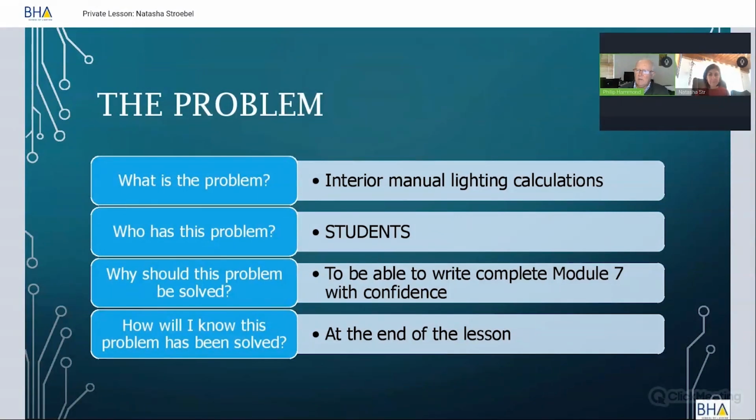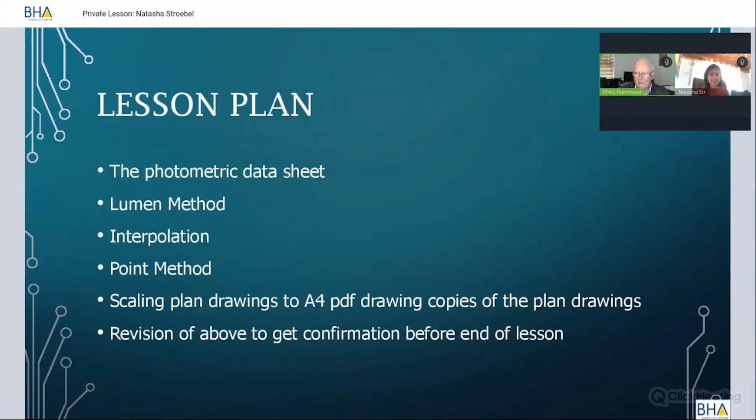The end result of this lesson is that you can tackle all the exercises in Module 7 with confidence. And we'll check to see if we have in fact managed to achieve that for you during the lesson. We'll just do some simple questions. Nothing to worry about. So let's start.